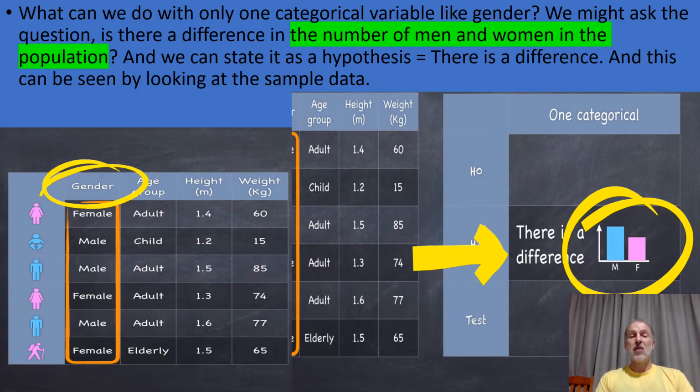Then we can state it as a hypothesis. We can say, yes, there is a difference. And people, we can see it just by looking at the data. If you look there on the right-hand side, just by plotting it on a bar chart, you can see, yes, there is a difference.